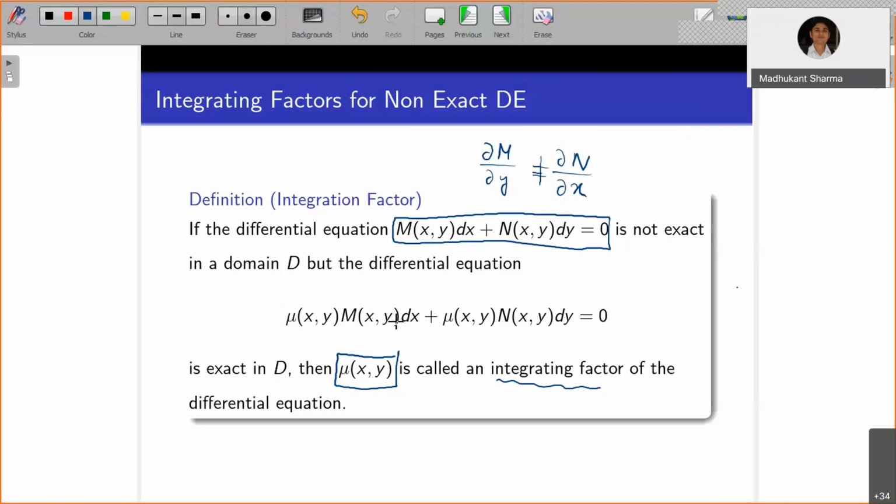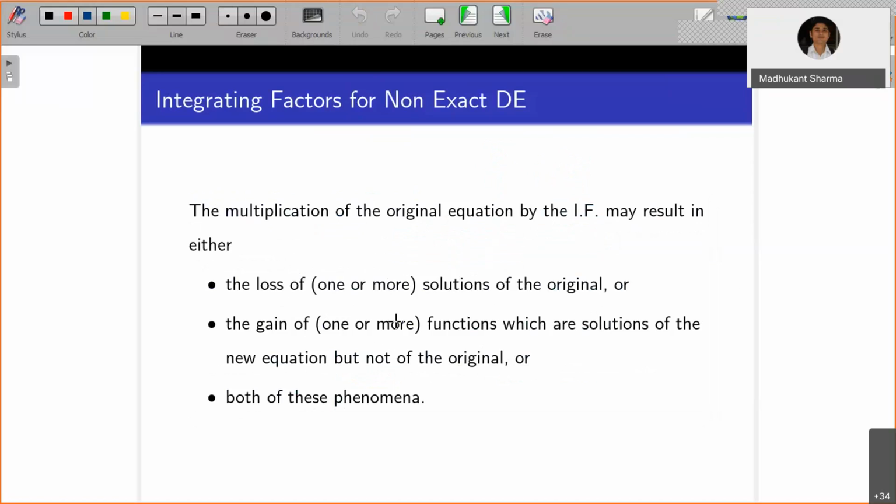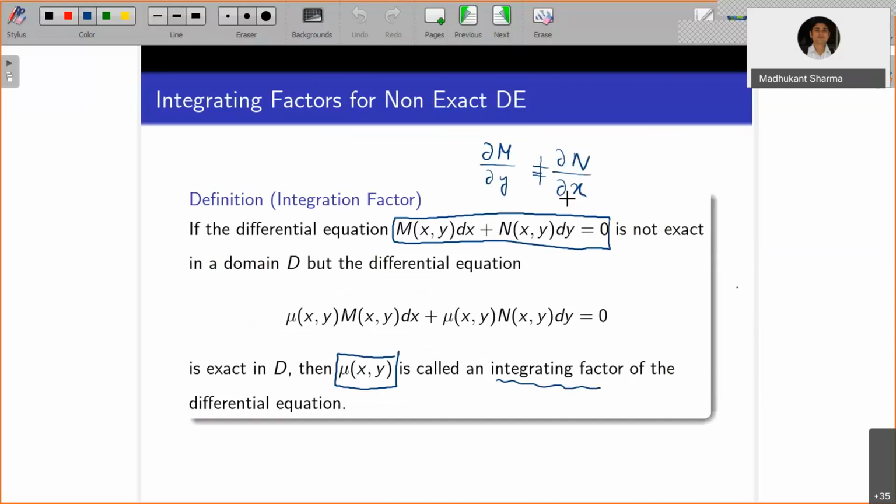The possible paybacks of multiplying the original equation by the integrating factor: you may lose one or more solutions of the original equation. Note that there are infinitely many solutions, because only if you specify an initial condition will you get a unique solution.